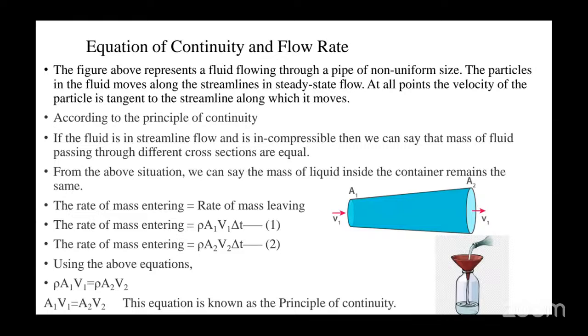A1 is area 1, V1 is velocity 1 or speed 1, and at the second part we have A2 V2, A2 for area 2 and V2 for the speed or the flow of the fluid 2.